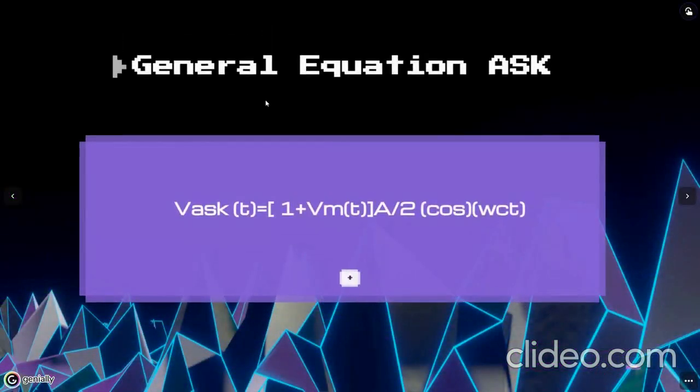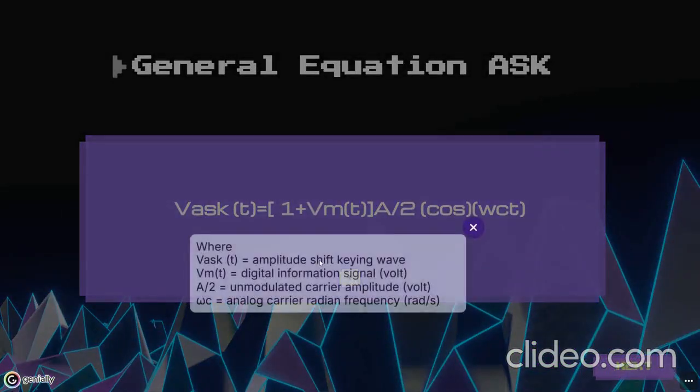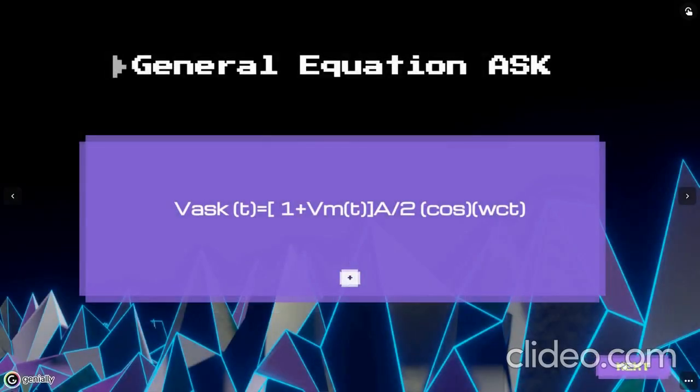Next, we have the general equation for ASK. V(t) is the digital information signal, while A divided by 2 is the unmodulated carrier amplitude, and this is the analog carrier radian frequency.